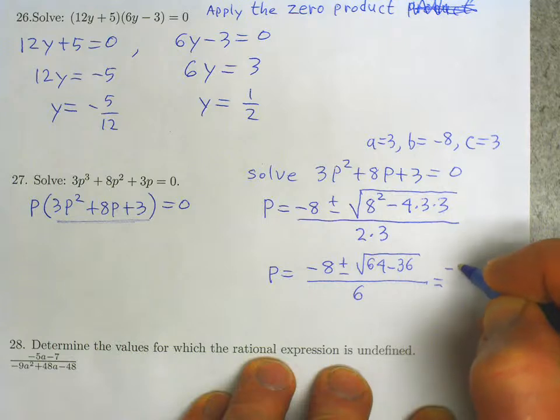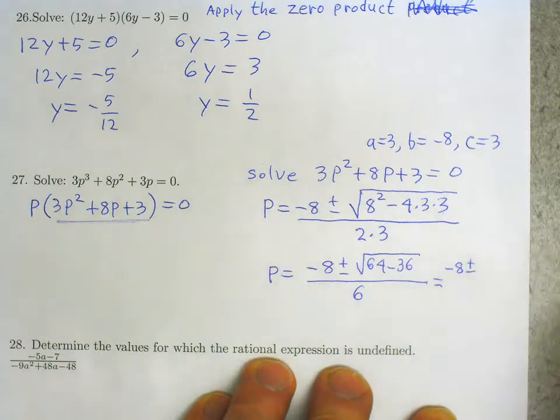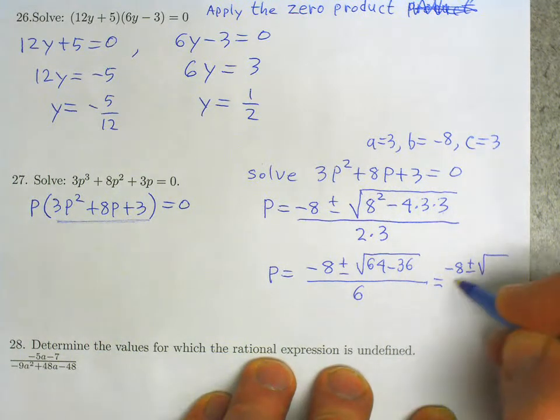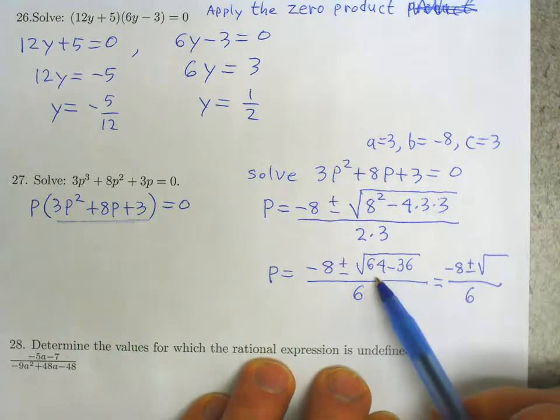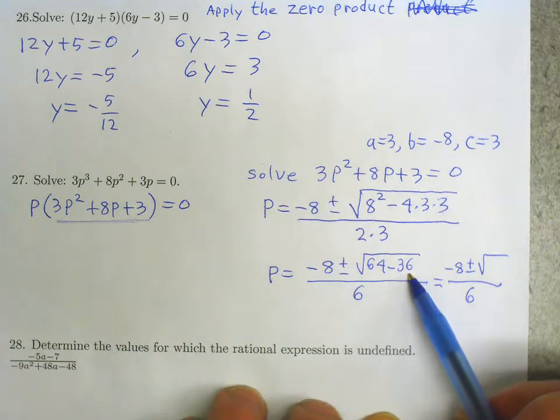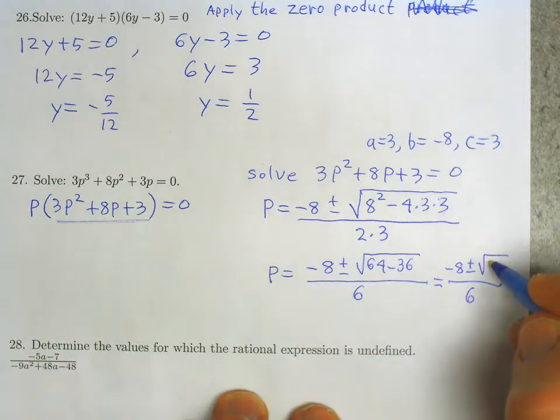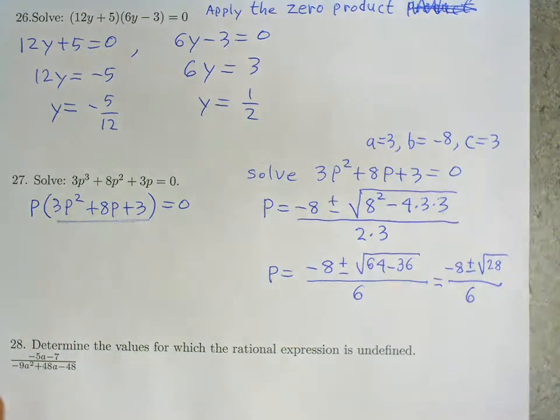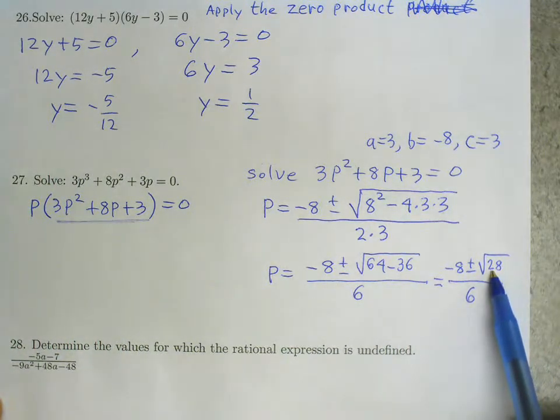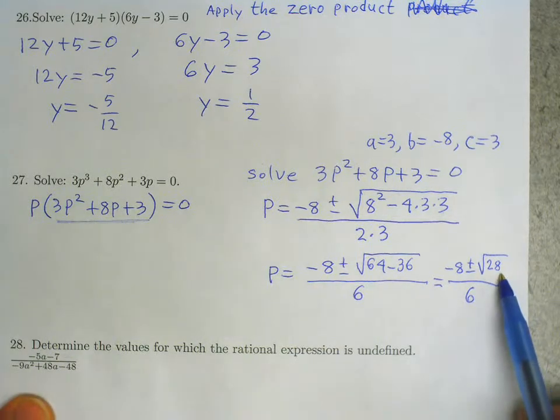So this is negative 8 plus or minus the square root of 64 minus 36, which is 28. Hey, we can simplify the square root of 28. The largest factor of 28 that's a perfect square is 4. 4 times 7 is 28. And then the square root of 4 is 2.